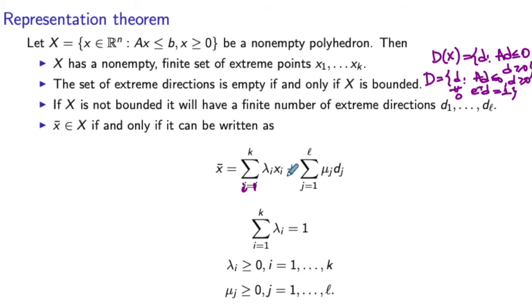So this is the convex combination of the extreme points of our set X. It is a convex combination because, as we can see here, the summation of lambda i's is equal to 1 and lambda i's are all non-negative, and then plus the summation for j between 1 and L of mu j's dj's.